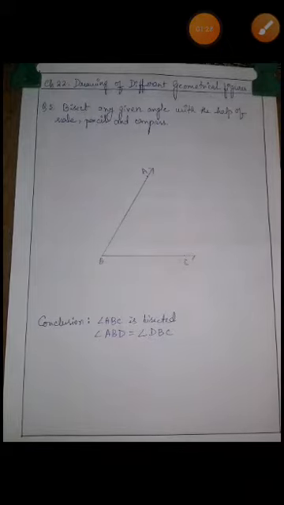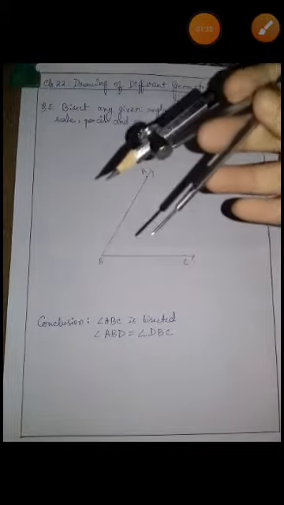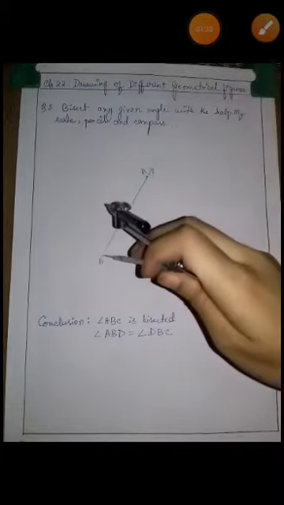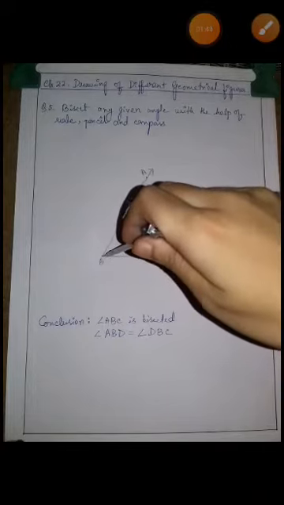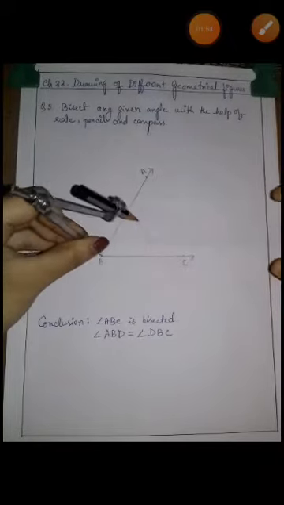Now before bisecting, you are going to take any radius of your wish, the length of any radius you can take, then place the pointer at B. You are cutting an arc in this way. I hope you all can see.